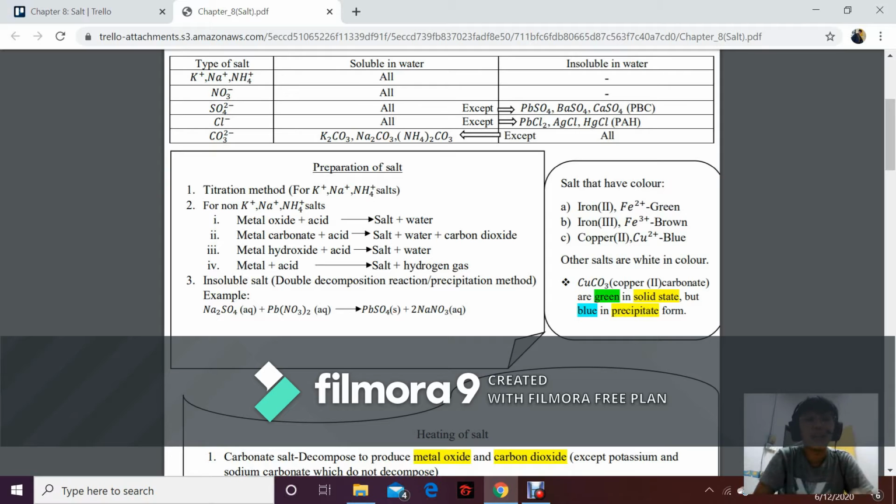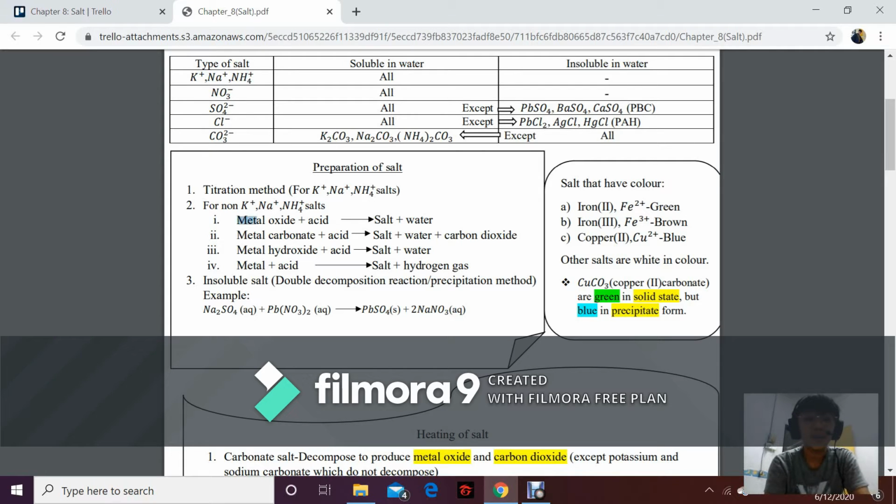Sorry, Fe got 2 plus and 3 plus. So FeO is iron 2 oxide. Iron 2 oxide react with acid such as HCl. FeO plus HCl, you will produce FeCl2 and the water H2O.